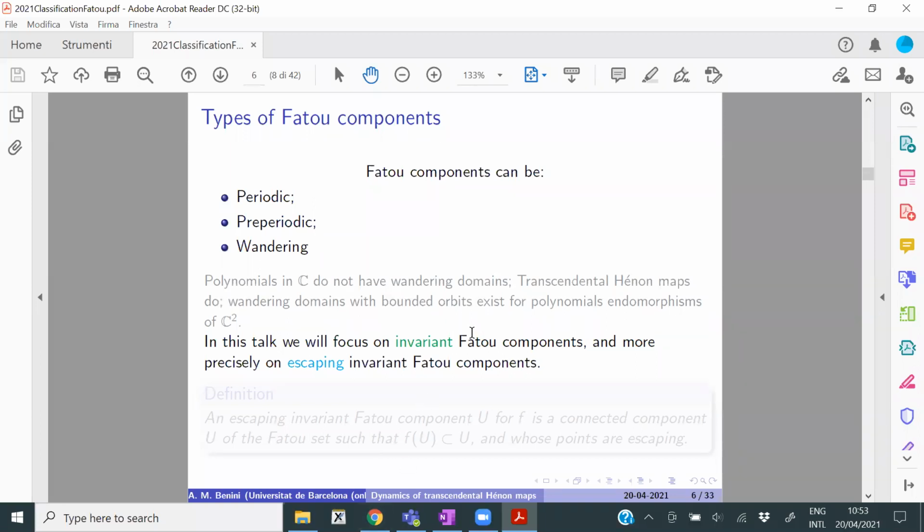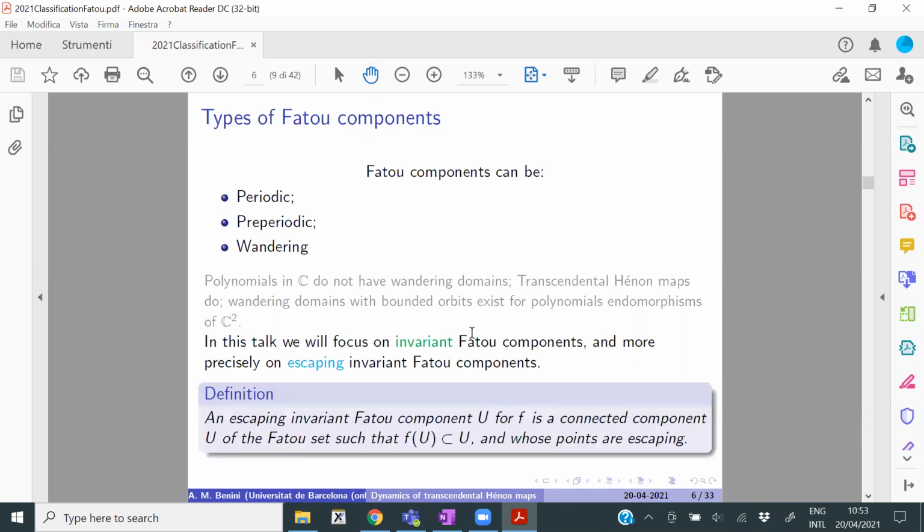Sorry. Okay, in this talk, we only talk about invariant Fatou components, okay? Not even periodic, they are invariant. So f of your Fatou component U is equal to U. And we will keep an eye on escaping Fatou components. So what is an escaping invariant Fatou component?